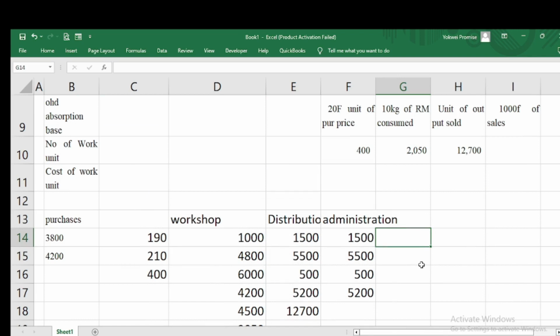So we fill them here. I have 17,500. I have 14,000. 11,400. 12,825.